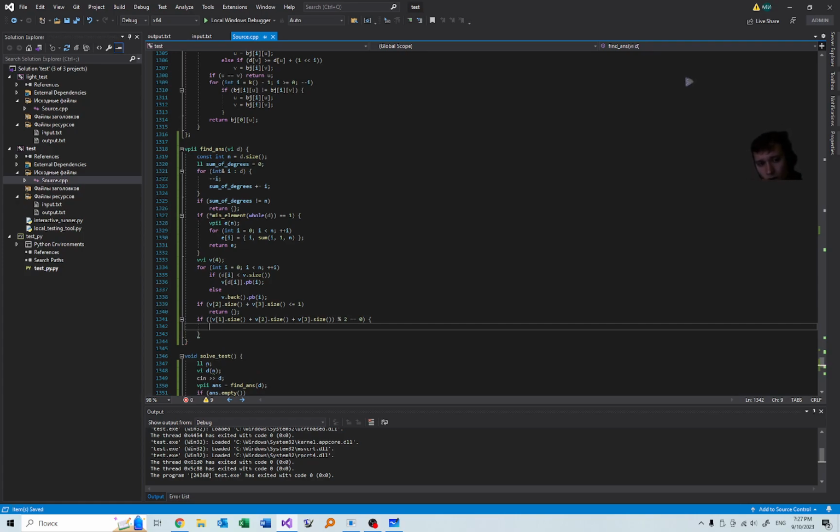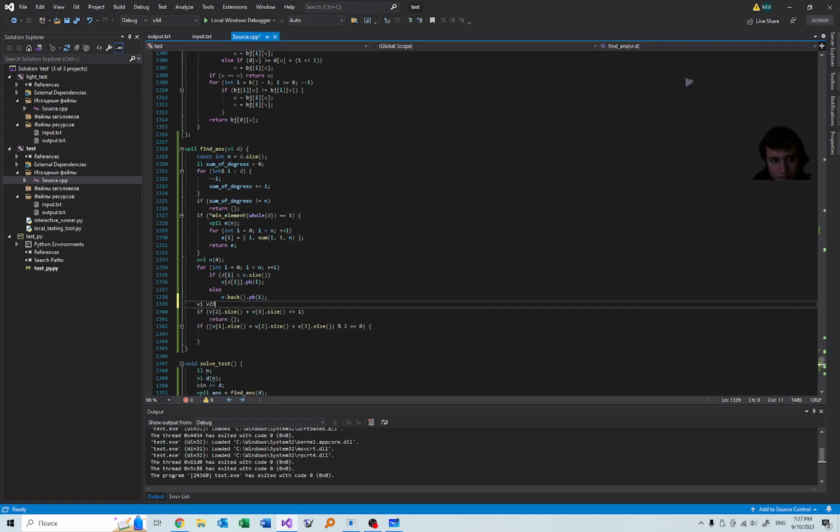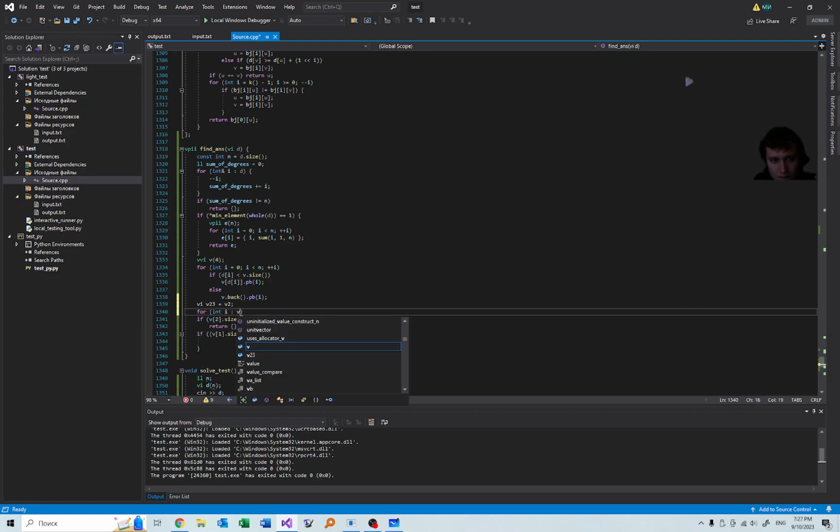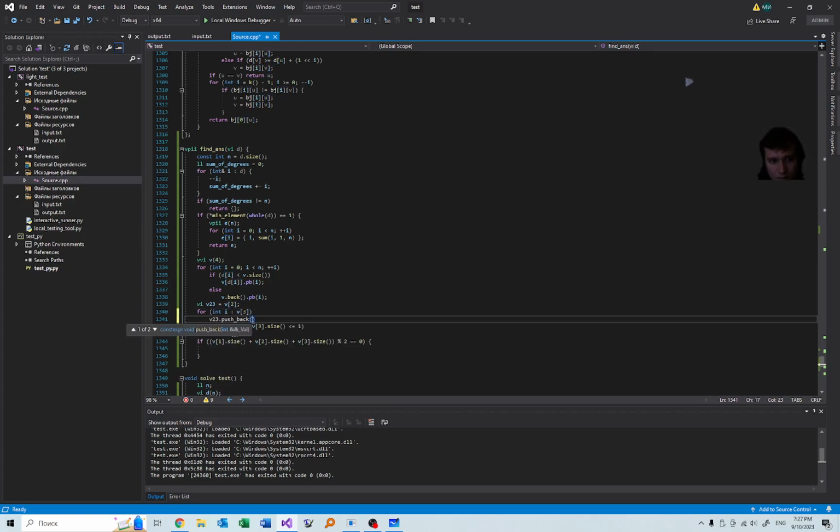Because we make two roots. Root 1 is, I make 2s and 3s in a set.